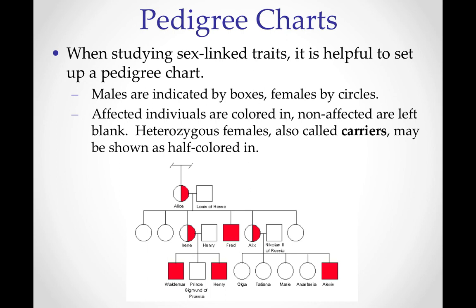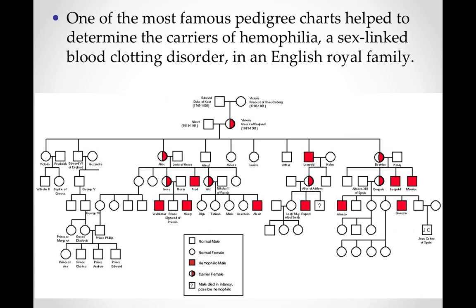We can see that we have some problems here with whatever the trait may be, that some of them are carriers and some of them end up having the sex-linked trait. One of the most famous pedigree charts helped to determine the carriers of hemophilia in the English royal family.